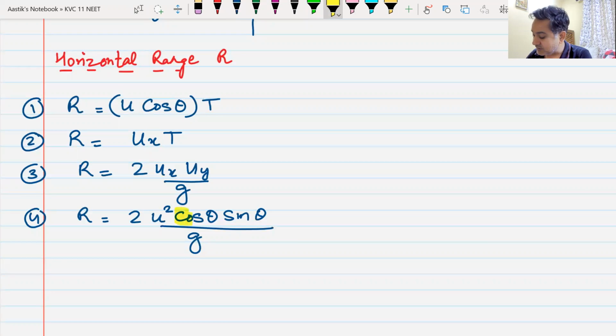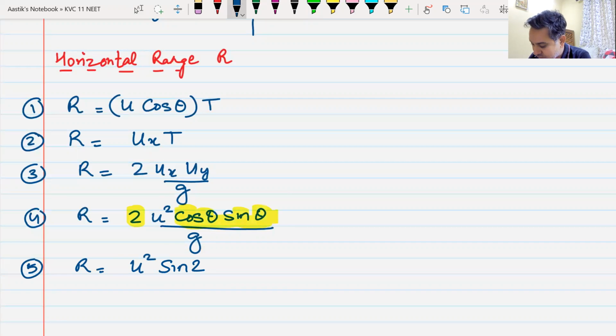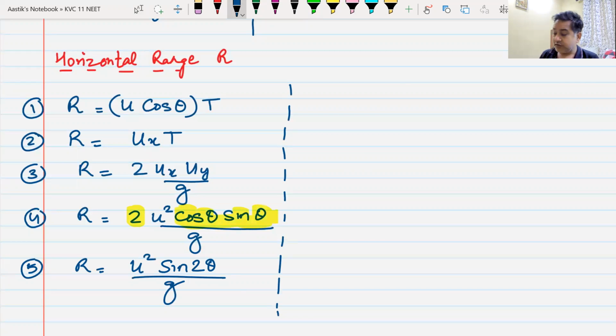Now once I look at this term, 2 cos theta sin theta, I can also write it in this fashion. R will be u square sine of 2 theta, this is trigonometry, divided by g. Do we understand this? Yes or no? These are different ways in which you can write this.